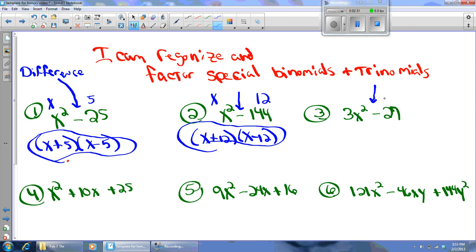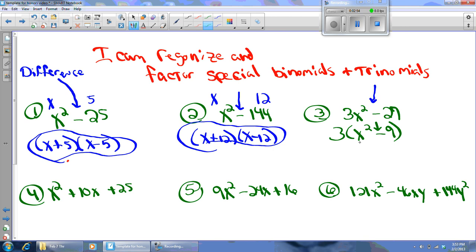Okay, now, this one has subtraction, but 3 is not a perfect square. Neither is 27. What's the first type of factoring you should always try? GCF. Yes, I'll pull the GCF out and get 3 times the quantity x squared minus 9. Inside the quantity, do I have a subtraction sign? I sure do.